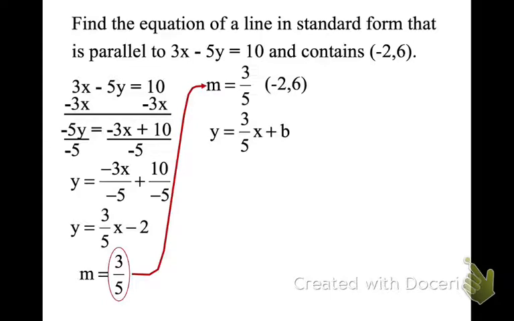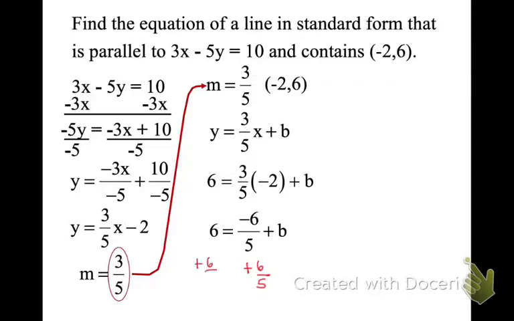So you have some more examples. Now remember, in y equals mx plus b, this is your x and this is your y. So I substitute those in. And now we have negative 6 over 5. But remember, when I add 6 over 5, I need to add 6 over 5 here.